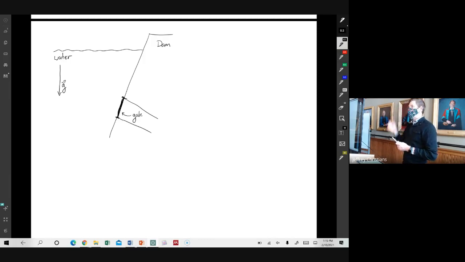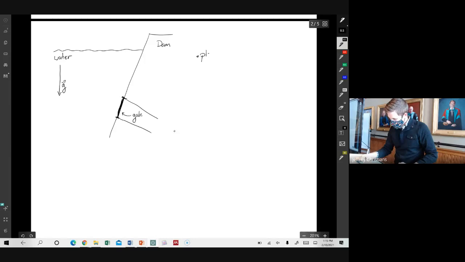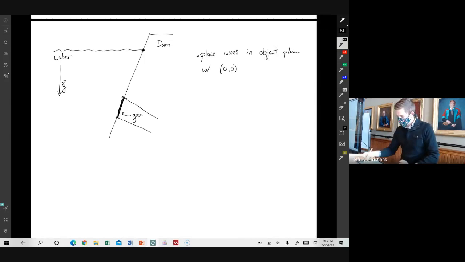It's easier mathematically, with fewer sines and cosines, to place our axes in the plane of our object. So we're going to place axes in the object plane. We'll put the origin at the surface with 0, 0. You don't necessarily have to put 0, 0 at the surface. There are other ways to do it.